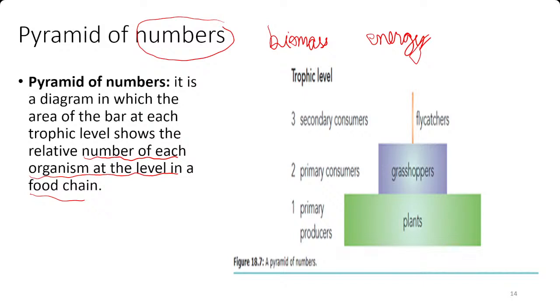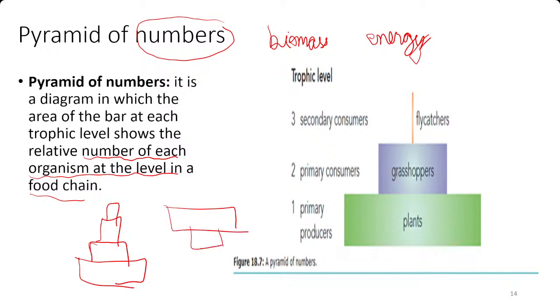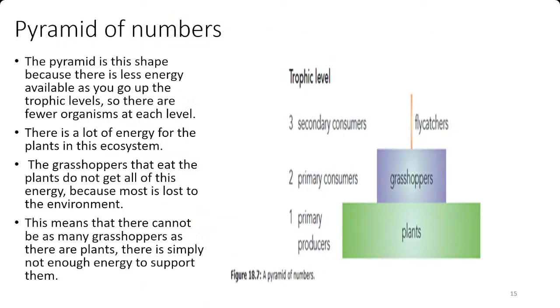Now remember this. A pyramid of numbers is the only pyramid that can be like an actual pyramid, or like a cake as I remember it, or it can also be like this, because here you're looking at the number of organisms, not the energy or biomass in them.